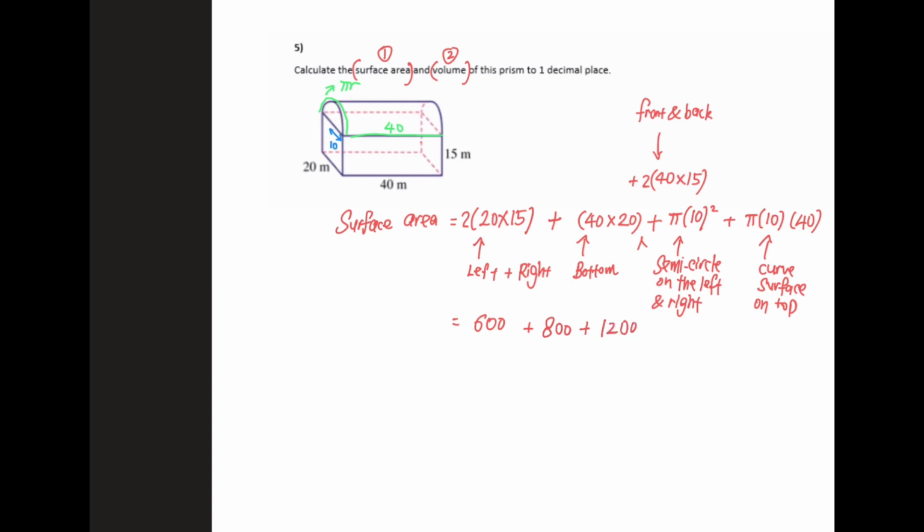Then we have pi times 10 square, which we remain as 100 pi temporarily, and we change to 1 decimal at the end. The last term, the curved surface, is 400 pi. If we add up everything, we get 2600 plus 500 pi.